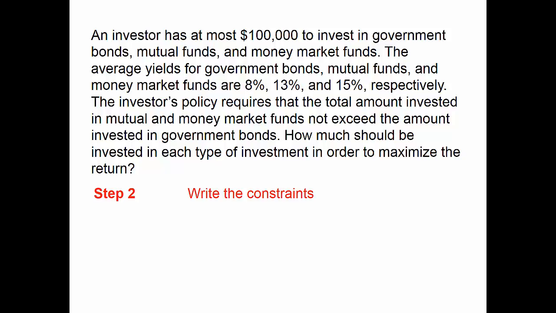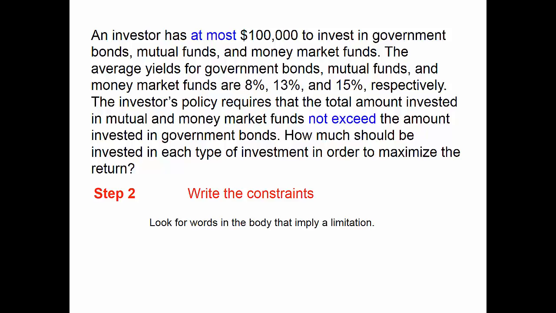Next, we want to write the constraints. Now this involves reading through the problem and looking for key words that tell us something is a limitation. For example, you'll notice in the first sentence it says the investor has at most $100,000.